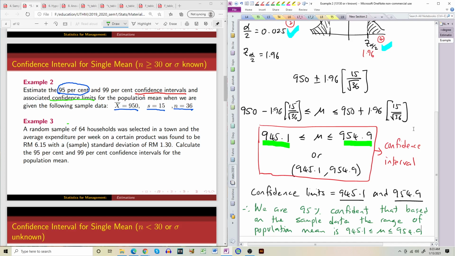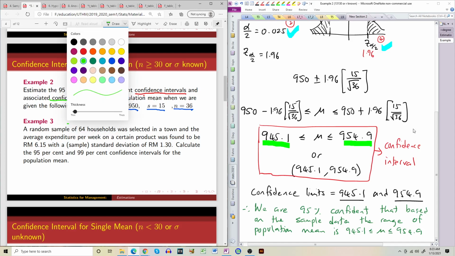Now what I want you to do now, once you copy this, just now we did for 95%, isn't it? Can you try for 99%? Do the same method.